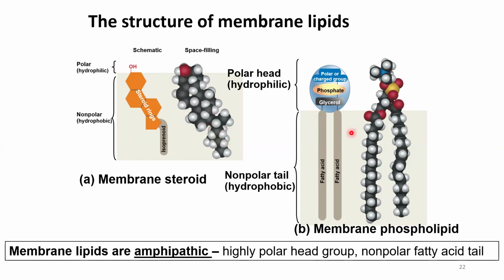But with membrane phospholipids, there's a part of it that's polar, that's a phosphate group. And then we have a fatty acid part of it where it stays within the hydrophobic side. These membrane lipids are amphipathic, and we will talk about those soon in the lecture in the second week.